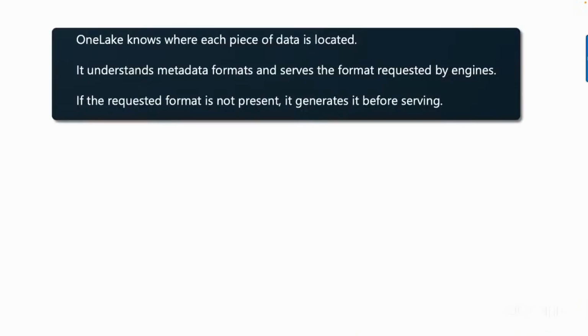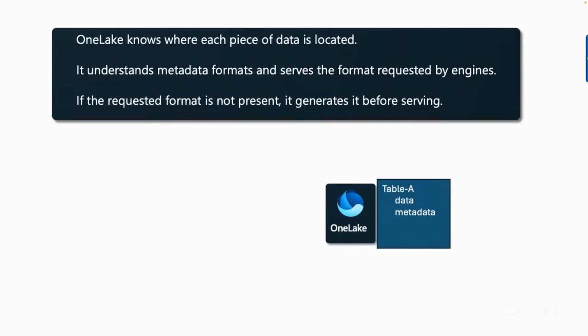Okay, so what all do we have to do? How do we get this done, right? OneLake is the abstraction layer, so it has to know where each piece of data is. It doesn't matter where it is, as long as OneLake knows. It has to understand metadata formats, and based on who's asking for what kind of metadata, it has to convert it. So here's some table in Iceberg format. It's in OneLake.